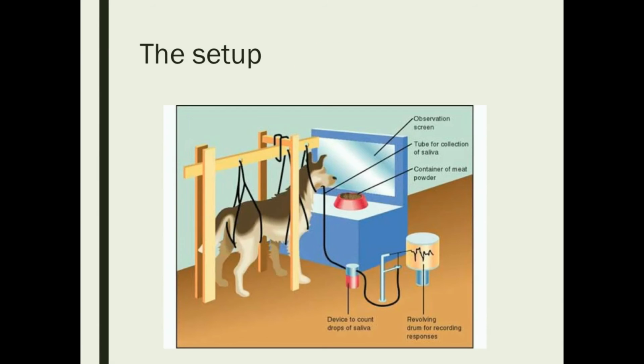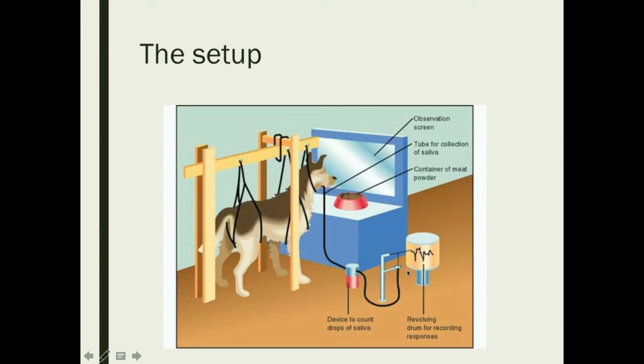Okay. This is the setup that Ivan had. He had a dog secured in a harness so that the dog couldn't move about, a container of meat powder, a tube drilled directly into the dog's salivary glands, and an observation screen. He had a device to count the drops of saliva and a revolving drum for recording responses.